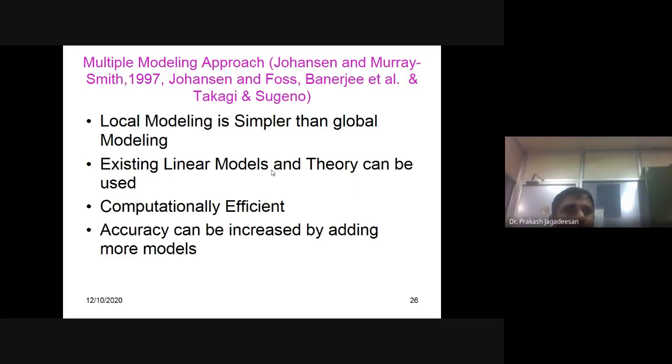So in the second part of my lecture, again, the focus is on how to build dynamic models. Those who are working, especially in the field of electrical engineering, mechanical engineering, or chemical engineering, want to understand the dynamic behavior of the system.